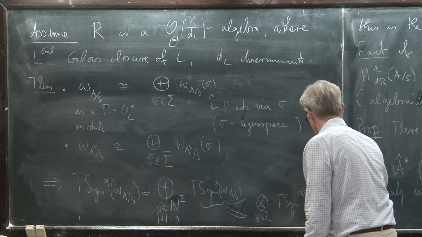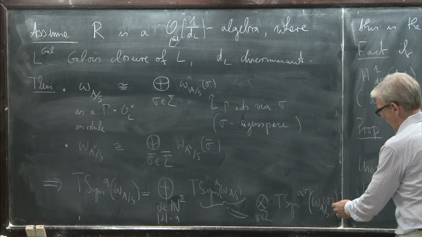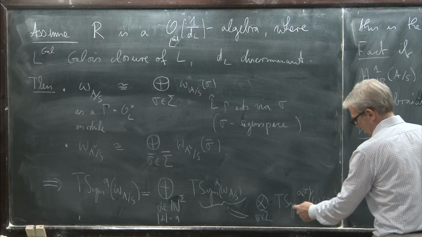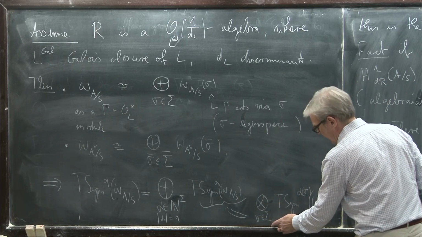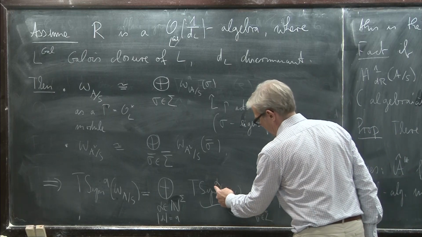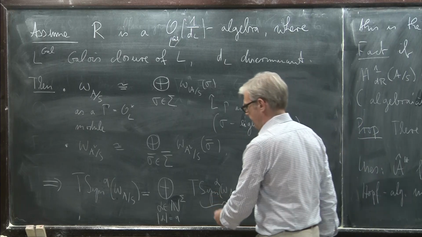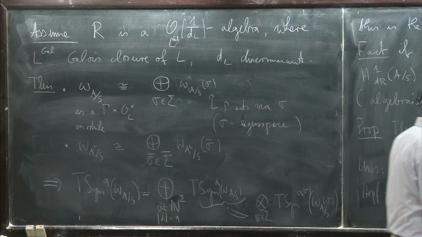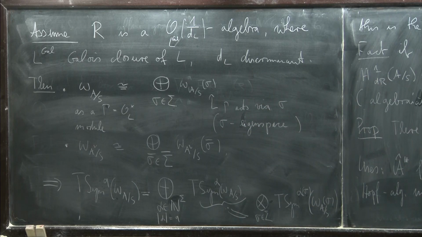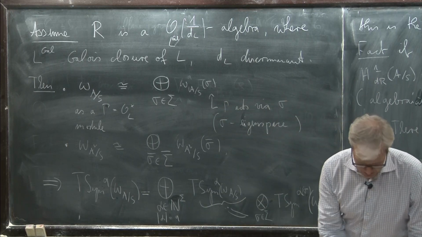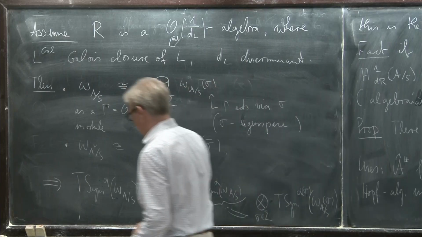This is some sheaf. I take it to the alpha sigma power, take the tensor product over all sigma in Sigma, and I denote this by this. And that's now a complete decomposition here. Okay. And of course, similarly, we have that for the B-th tensor symmetric power.